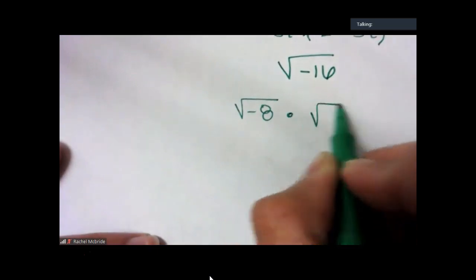How about the square root of negative 8 times the square root of negative 32? Because I feel like, again, you guys don't like the doubles either. So this one does take a few steps. It's not going to be an immediate answer. It does take a few steps.